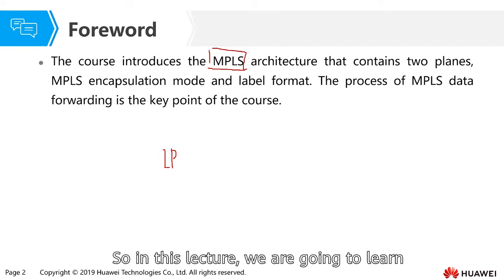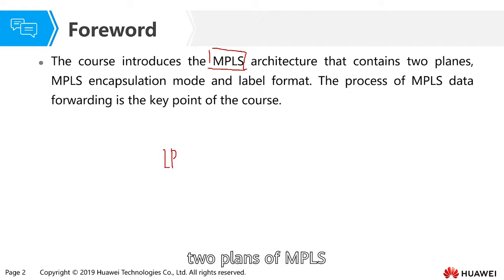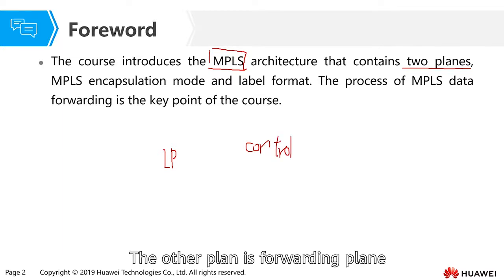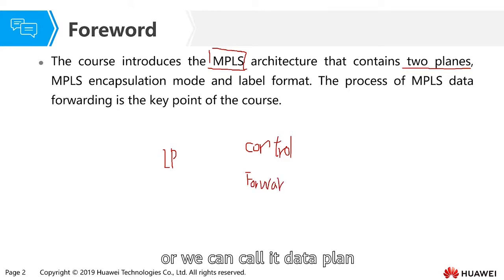In this lecture, we are going to learn the two planes of MPLS. One plane is the control plane. The other plane is the forwarding plane, or we can call it the data plane. Okay.